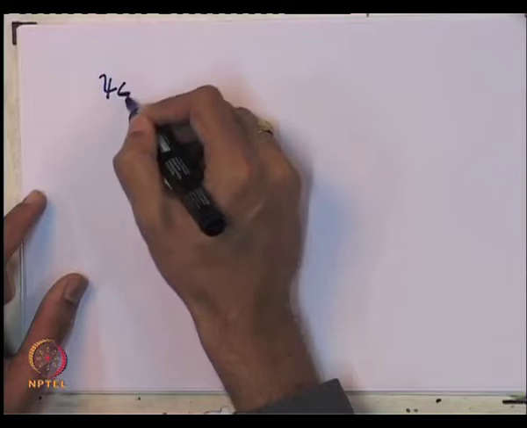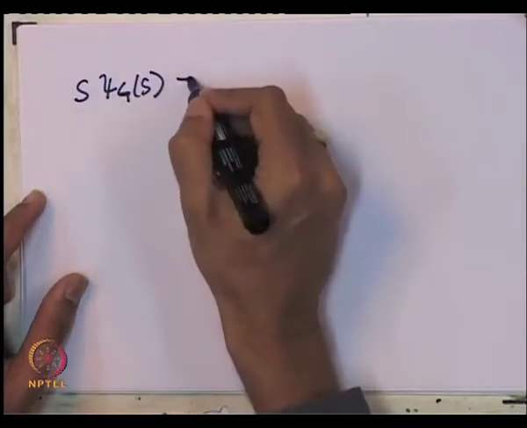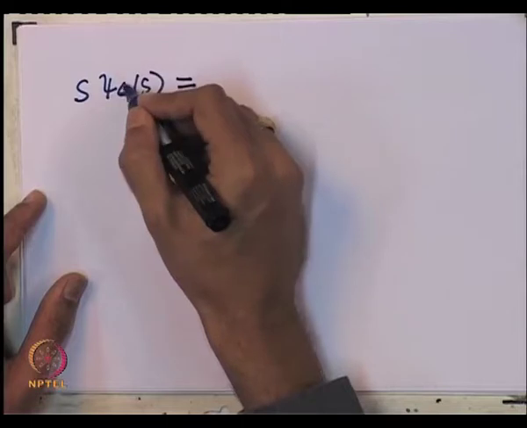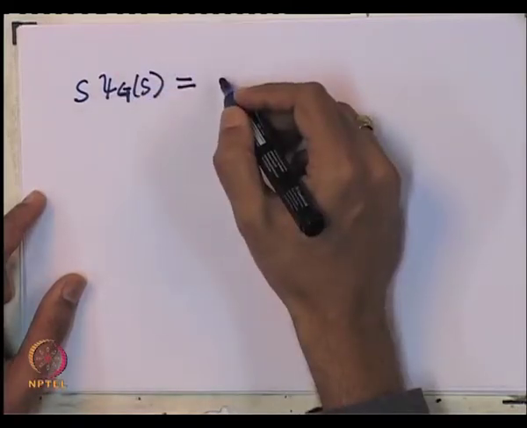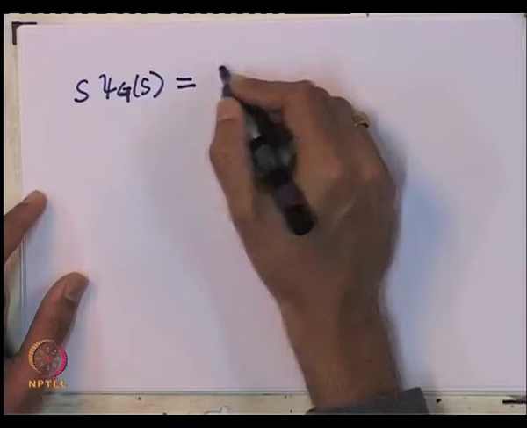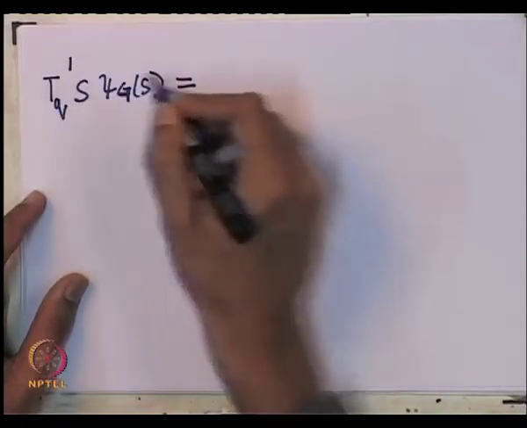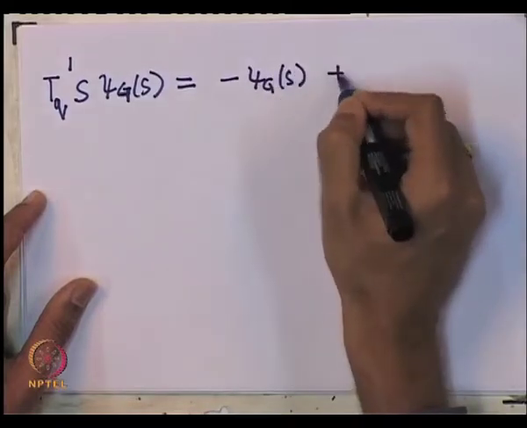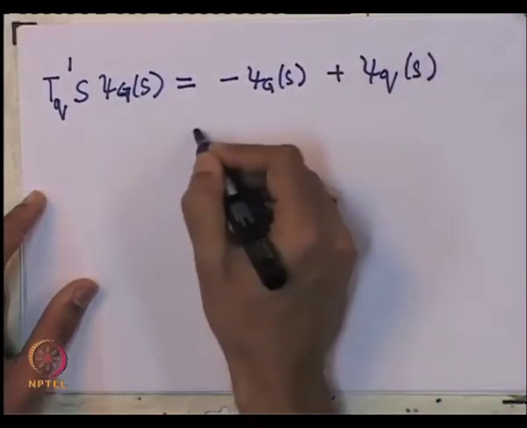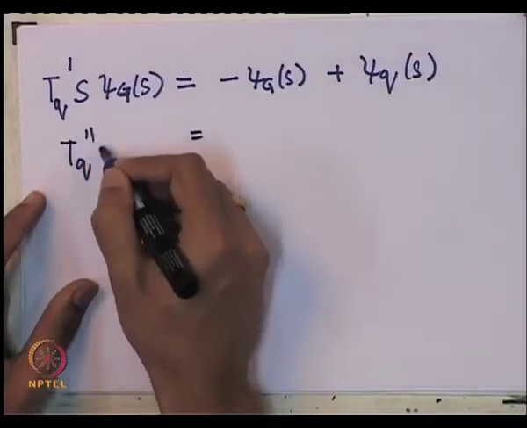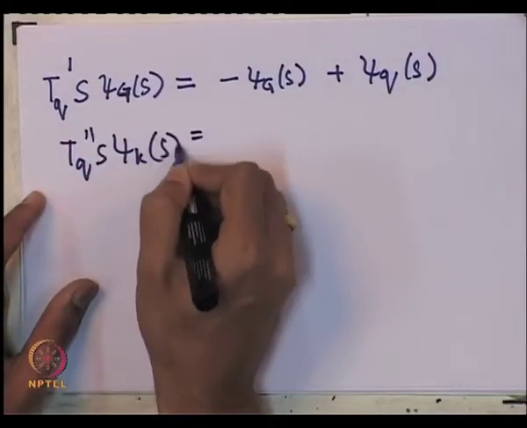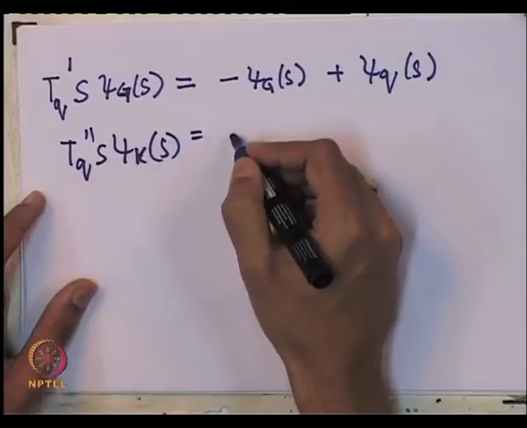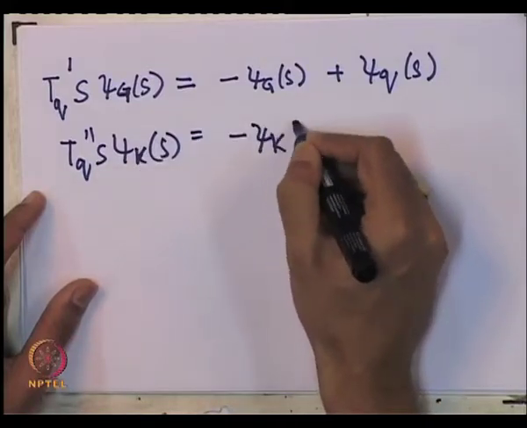For example, you take the Laplace transform of the first differential equation: s into psi g of s is equal to 1 upon T q dash into minus psi g of s plus psi q of s, and this is T q double dash s psi k of s. This is uppercase K, just to differentiate it from the original state.